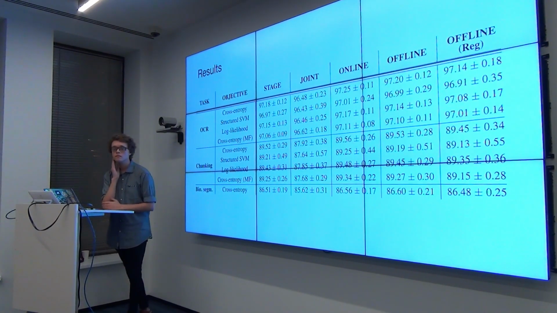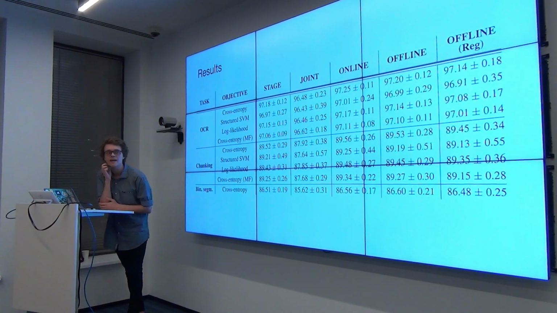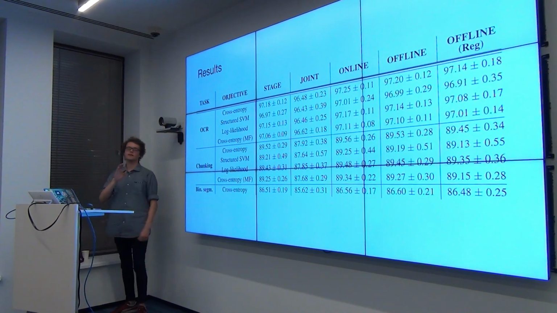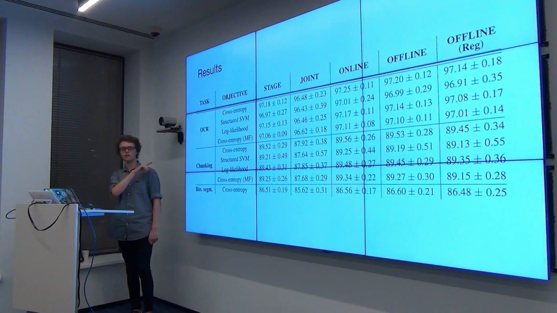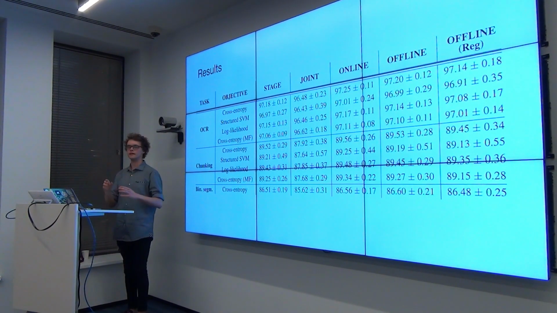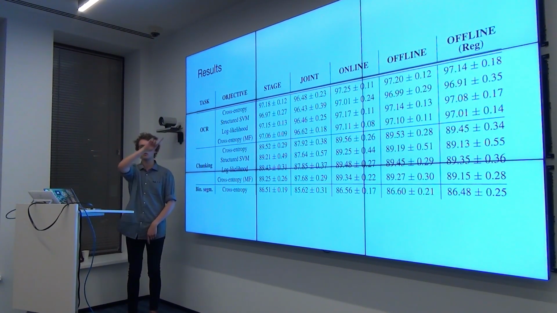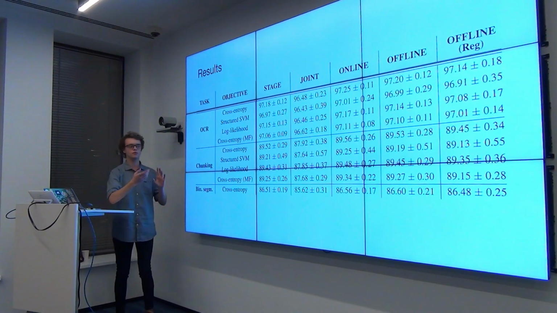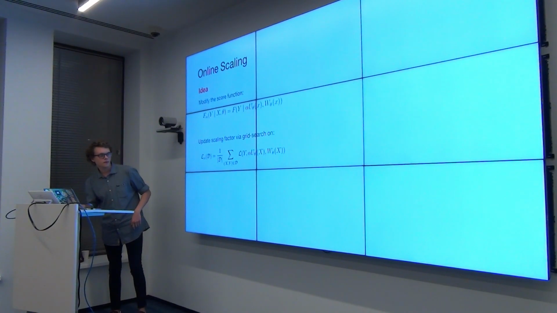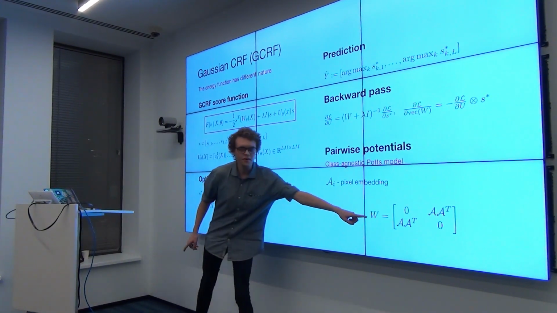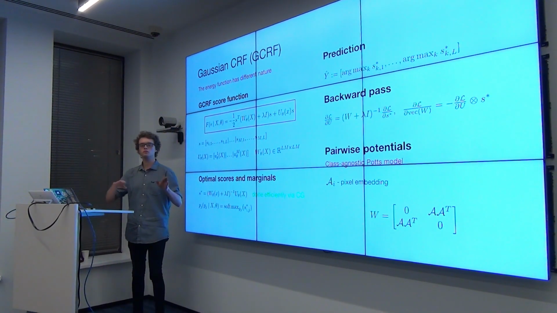Excuse me, one question. Does the number of pairwise potentials depend correctly on the number of pixels or not? Well, yes, but for the model which I presented, this Gaussian CRF, you can't make a complete correspondence between the score function and the graphical model, because it's not equivalent to the dense CRF model where all pixels are connected to all others. But in some sense it is, because here you just have a dot product for all pixel to label embeddings.